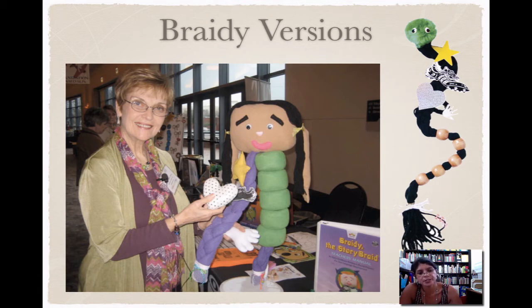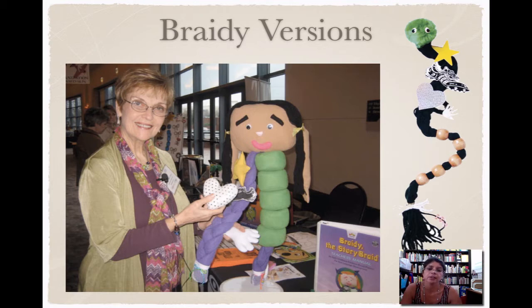Braidy versions. There are 3 main kinds of Braidy versions provided by the company Mindspring. The first one is a smaller teacher size Braidy, which is what you see on the right-hand screen.